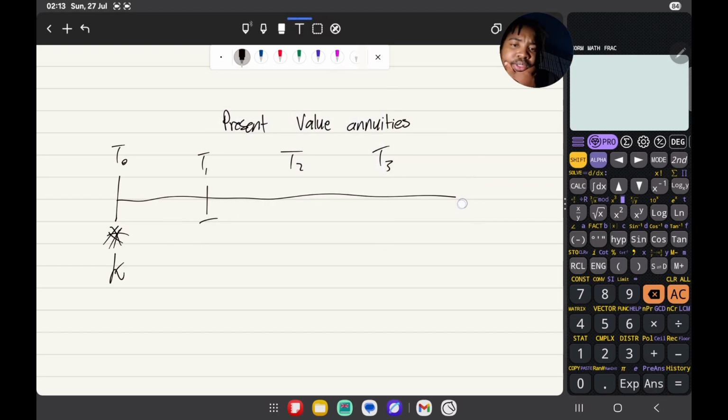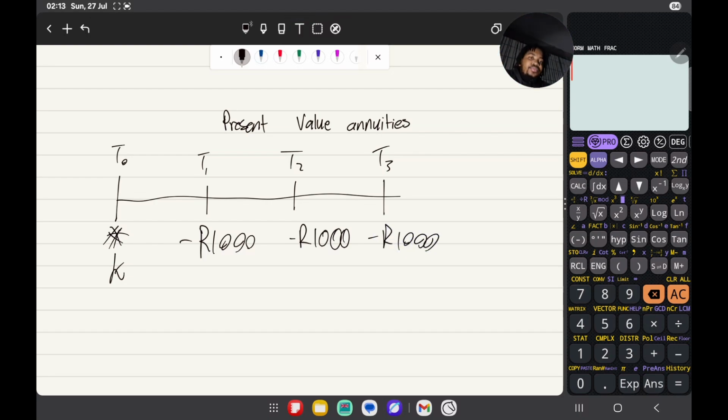So here this is gonna be 1,000 rand that I'm withdrawing, and then there's gonna be another 1,000 rand that I am withdrawing, and then a last 1,000 rand that I am withdrawing, right?